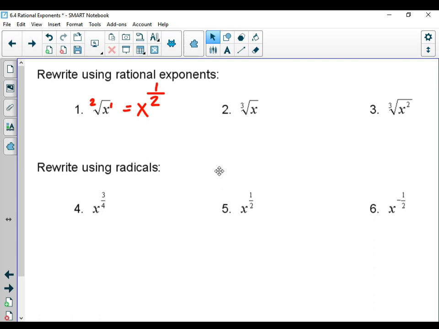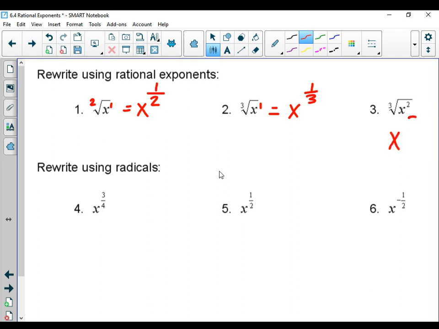Okay, so if my exponent is 1, I can rewrite that as x to the 1/3. And over here, I can rewrite this as x to the 2/3. So it helps you remember, again, Old MacDonald had a farm, E-I-E-I-O. Helps you remember to put your exponent over your index. Okay? So now we're going to go backwards.